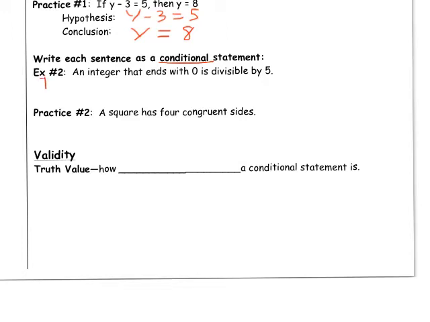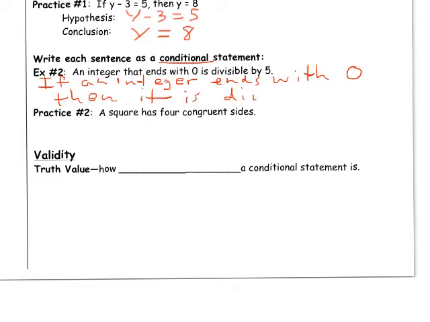So I'm going to say, if an integer ends with 0, then it is divisible by 5. Notice I said an integer ends with 0, that is now my hypothesis, and it is divisible by 5 is now my conclusion. I just added an if-then in the appropriate places and changed it into a conditional statement.